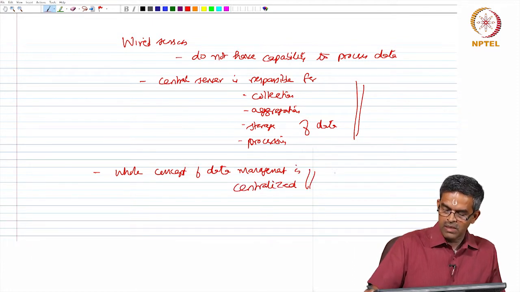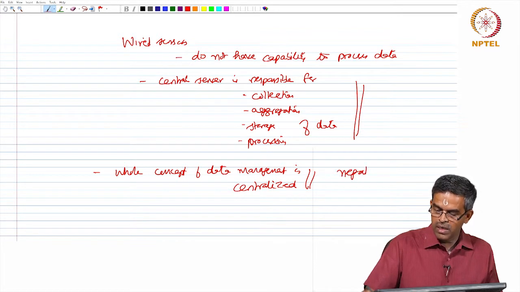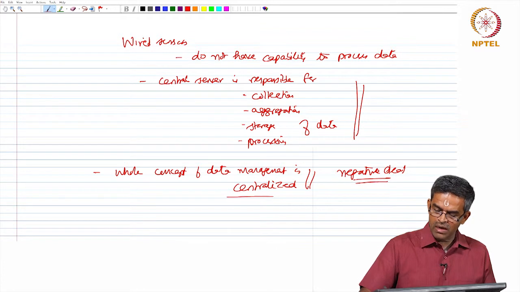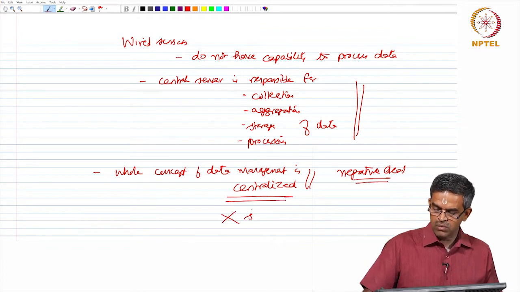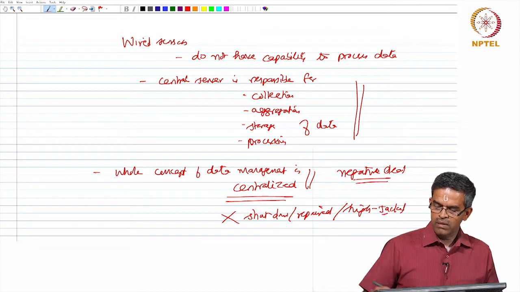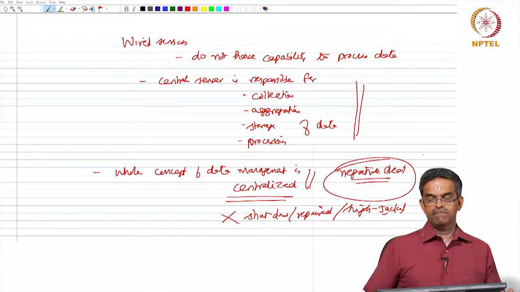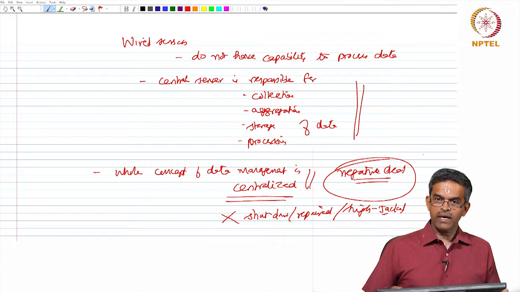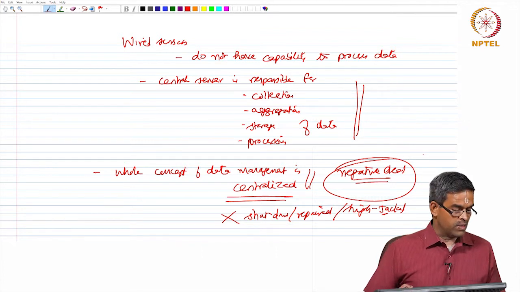Okay. That is a negative deal in wired sensors, because if this centralized unit is shut down or repaired, or let us say for example hijacked, okay, you lose the complete data. Whereas, this problem was feasibly corrected in wireless sensor networking.